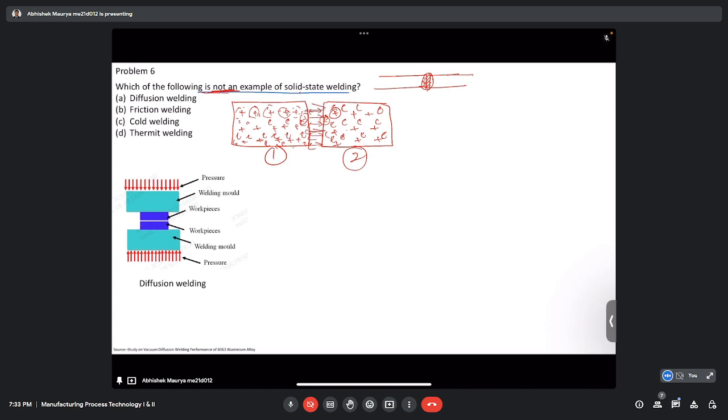After some time they will join together, and ultimately they will become a single object. That is the phenomenon where the electrons from one material enter the second material and vice versa.